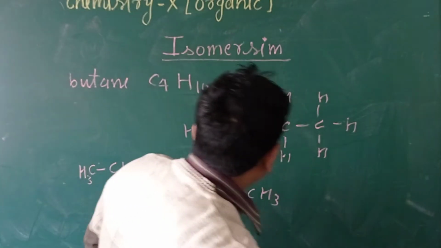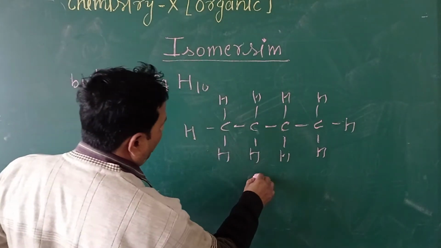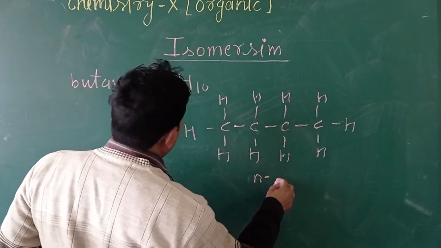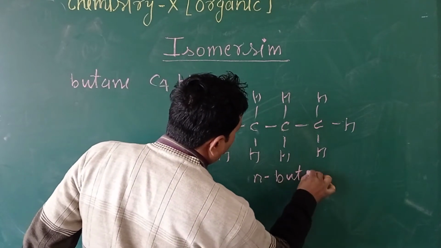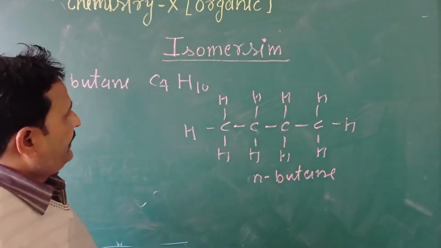So now what will be the name of this compound? The name of this compound will be normal butane, N-butane. Okay.